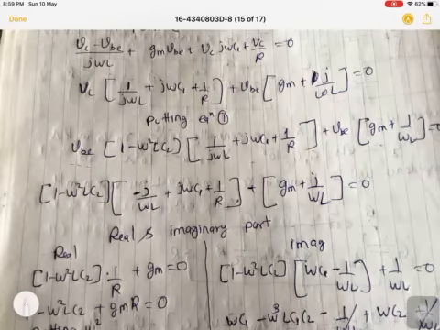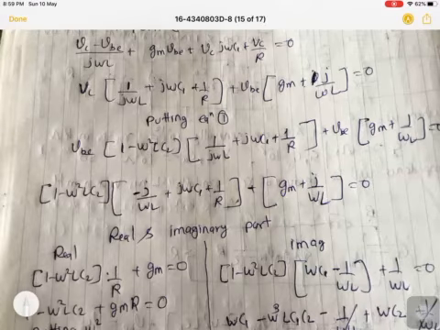Now Vb can be taken common and equated to 0. So the final equation becomes 1 minus omega square L C2, and this 1 by j I am again taking in the upward direction, so minus j by omega L plus j omega C1 plus 1 by R, Gm, j omega L equals 0.